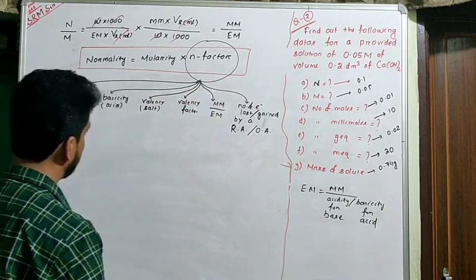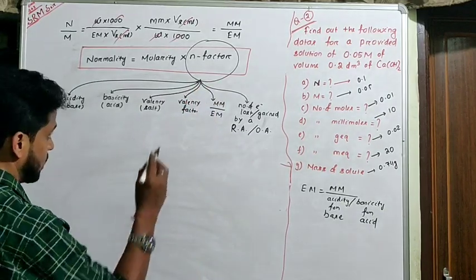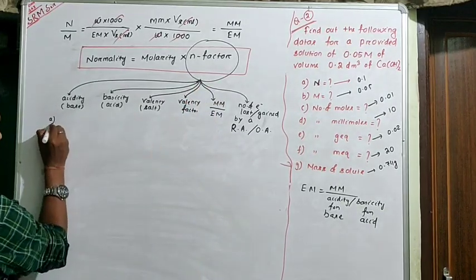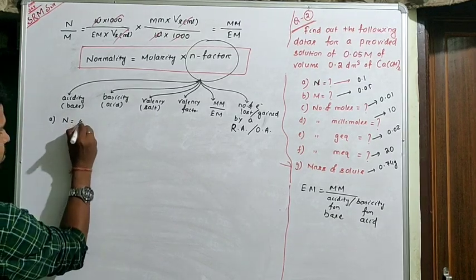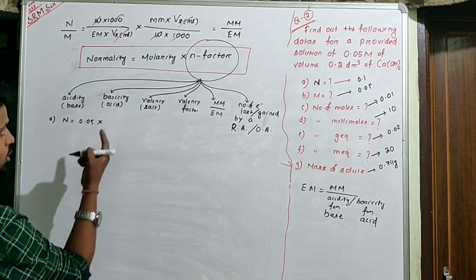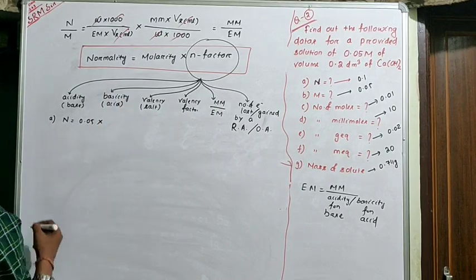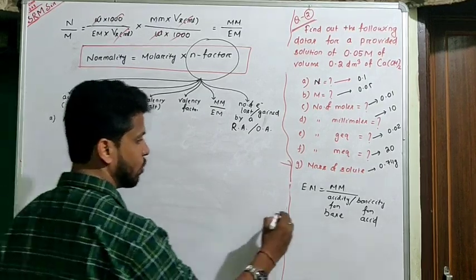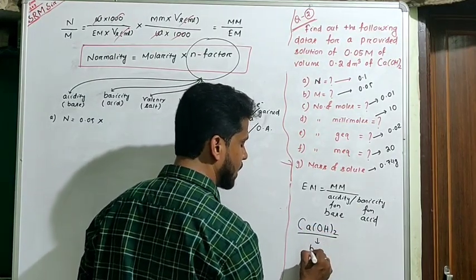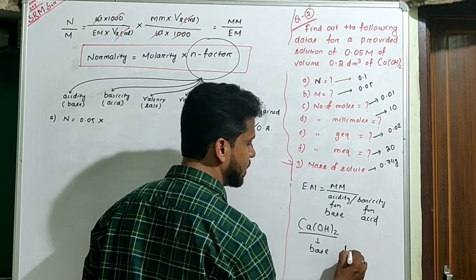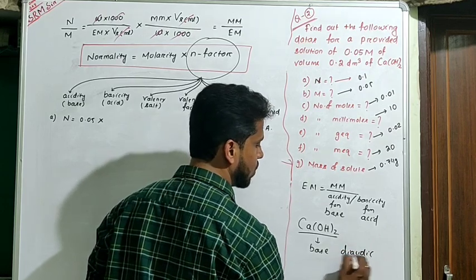So the first one is normality. Normality is equal to molarity into n factor. Molarity is 0.05, into the n factor. Ca(OH)2 is a base, and it is diacidic, so the acidity is 2.